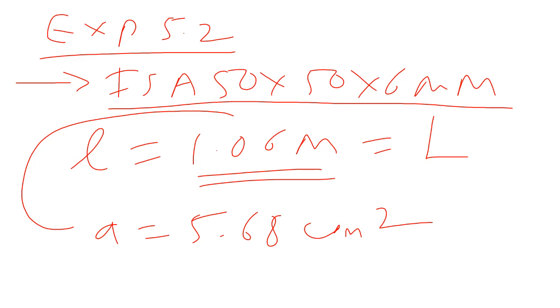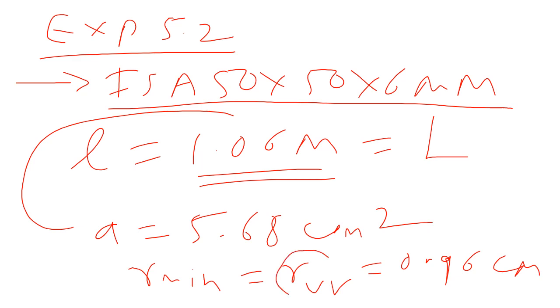Then r minimum is equal to r vv, which is 0.96 centimeter. What is rvv, or which is the vv axis? You can see that in the steel table. So r minimum will be for the vv axis, and that is 0.96 centimeter.